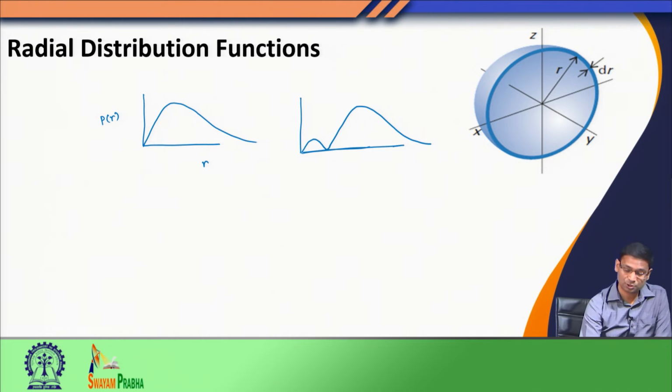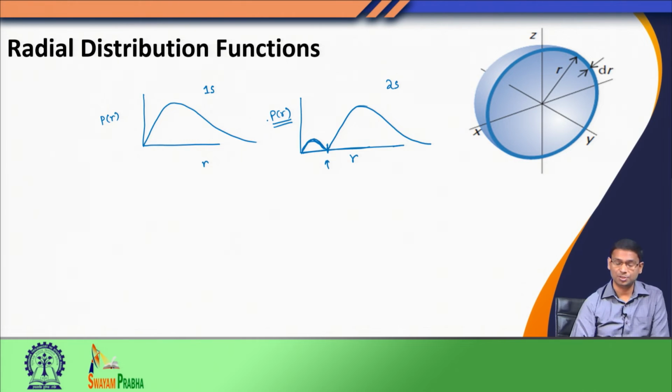There are two places where I would find maxima in the radial distribution function as a function of r, and at a certain value of r the radial distribution function becomes 0. So, this is for 2s, this is for 1s, and at this value of r the radial distribution function becomes 0. What does that mean?